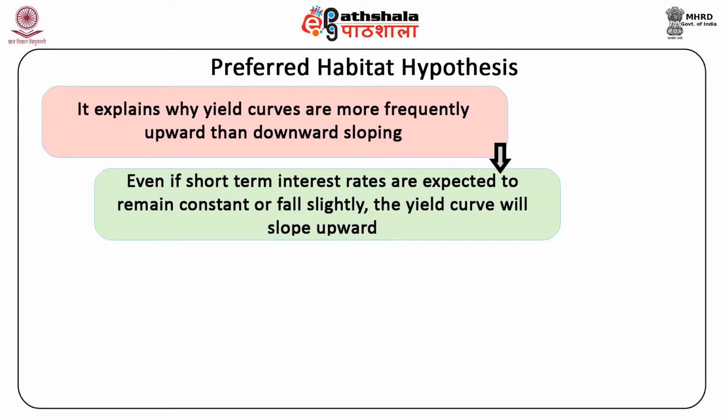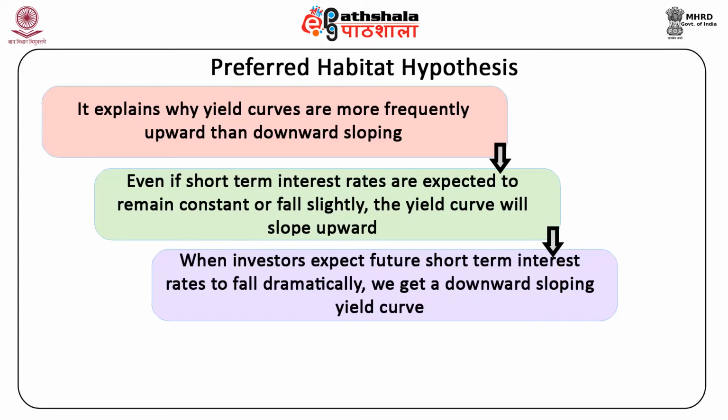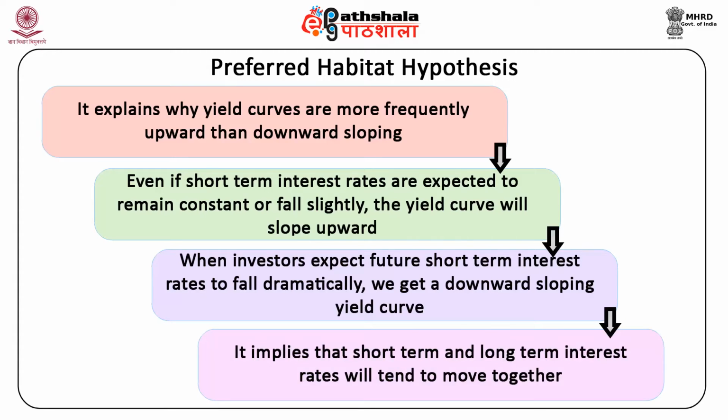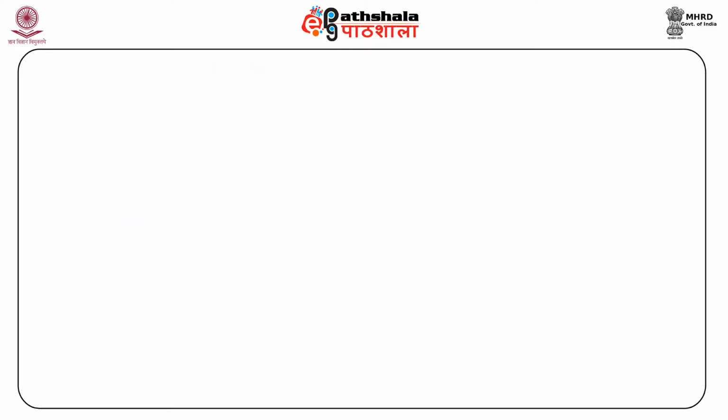Even if short-term interest rates are expected to remain constant or fall slightly, the yield curve will slope upward due to the term premium on longer-term bonds. Only when investors expect future short-term interest rates to fall dramatically do we get a downward sloping yield curve. The preferred habitat hypothesis implies that short-term and long-term interest rates will tend to move together.